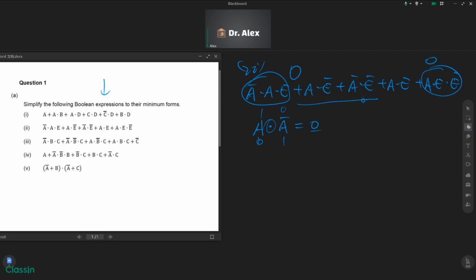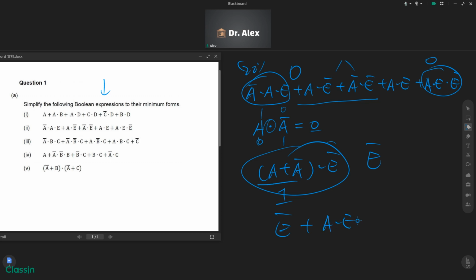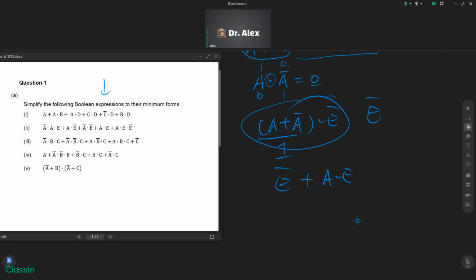And let's look at these two, which is A or not A, E not E. This is always 1. So the result is not E. So we can get not E plus A and E. So how to express it?